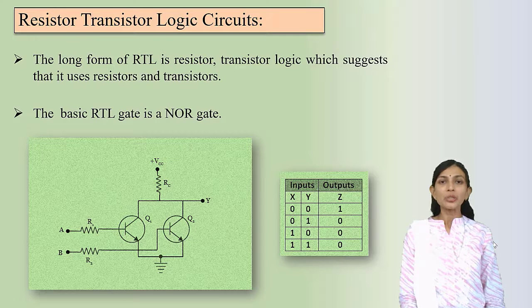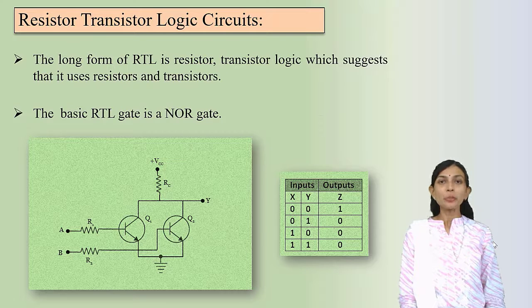If both inputs are 0 0, low inputs are applied to the P terminal, so the transistors cannot conduct. If transistors are off, plus VCC is not utilized to switch on the transistor Q1 and is also not utilized to turn on the transistor Q2. Both transistors are turned off because both inputs are low.